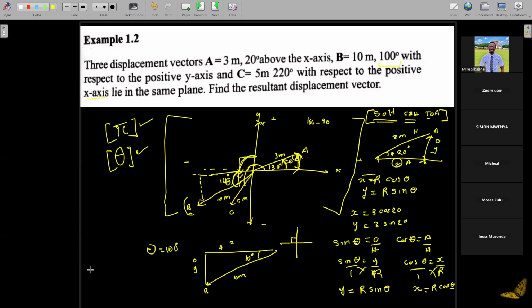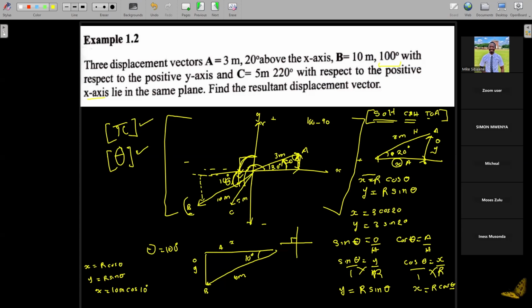For this case, the same thing will happen. The x component will be given by r cos theta, then the y component will be given by r sin theta. Are we together? So for the x component, my r is 10 meters, then cosine theta, which is 10 degrees.